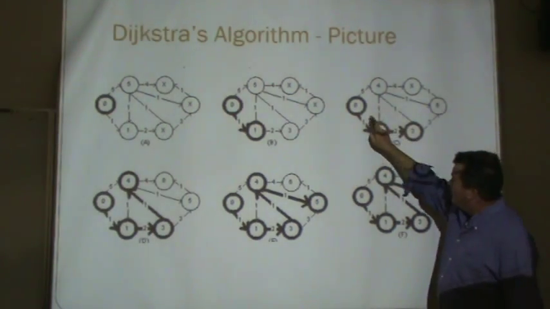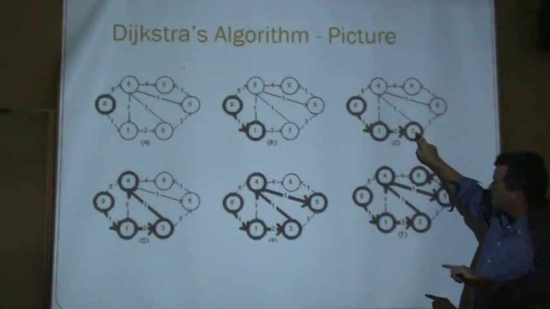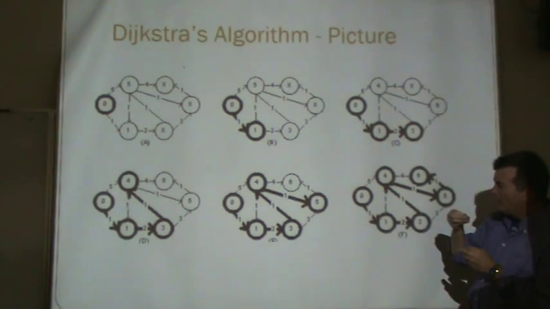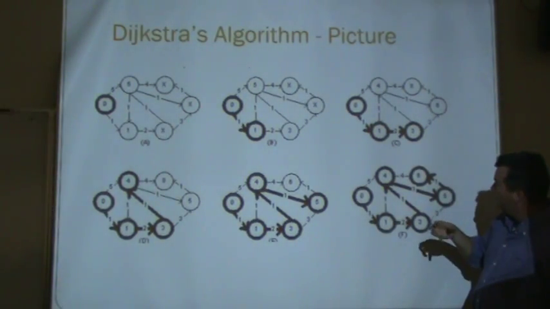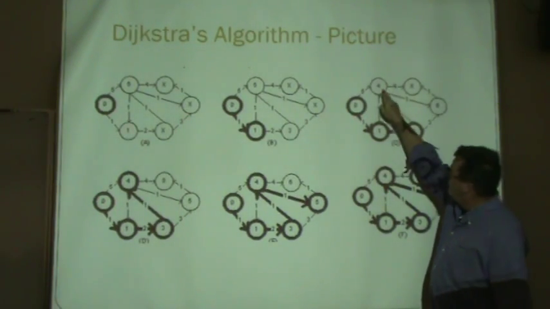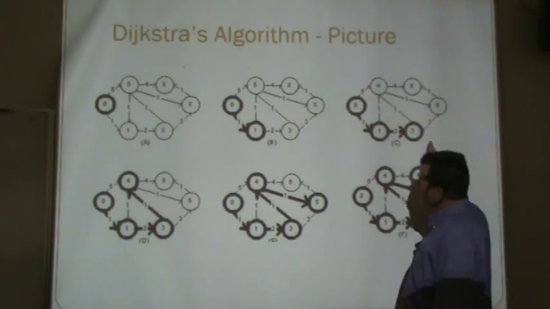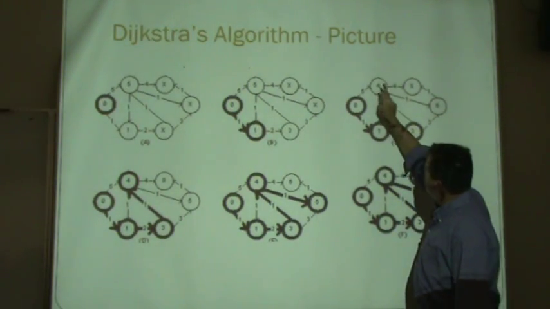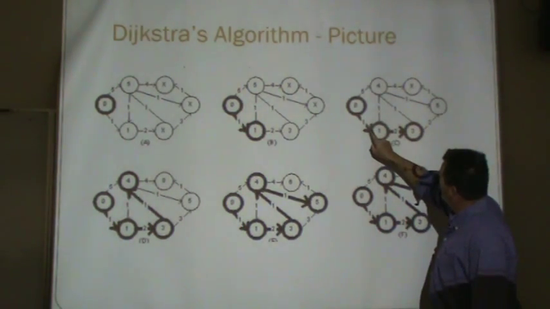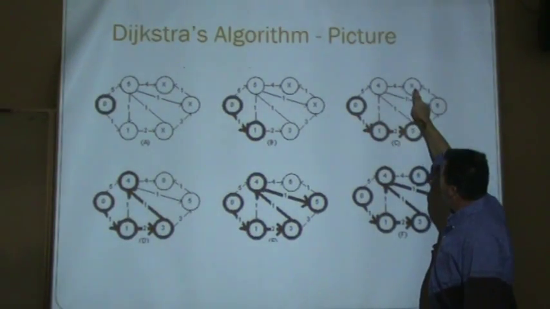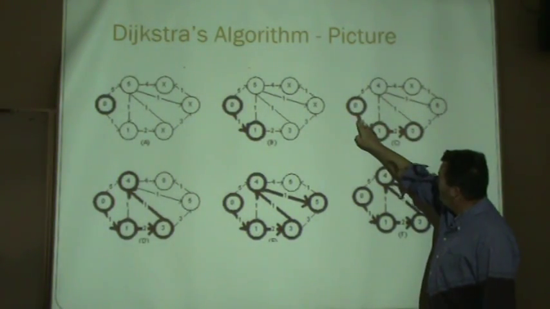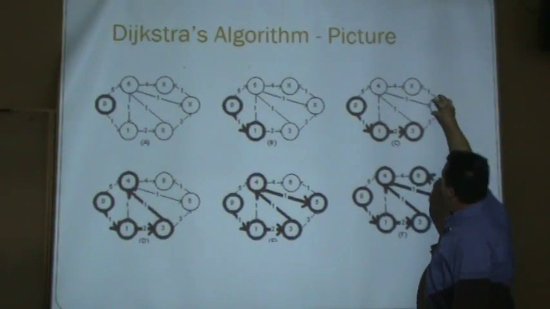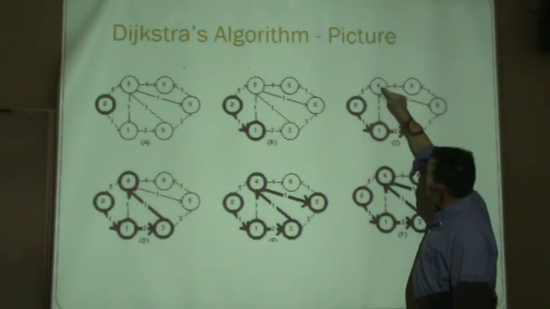So we say to ourselves, of all the vertices that these are connected to, we want to pull out the one that has the smallest distance of all of these that we know of. Our nominees were 3 plus 1, which is 4. We have no way of getting here, so this was still at infinity. And 1 plus 2 plus 3, getting here in 6. So out of this choice and this choice, this was the best one.